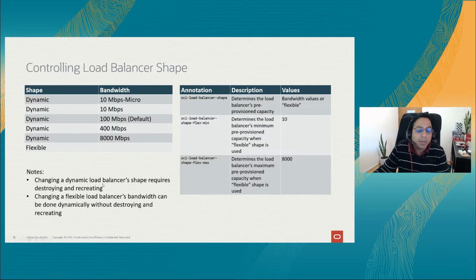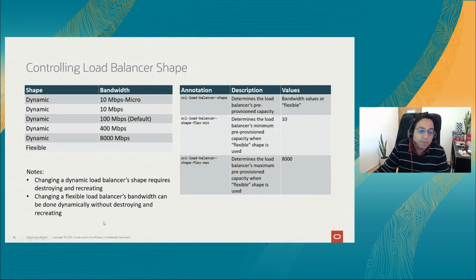If you create a dynamic load balancer and you need to change the shape, they require destroying and recreating. And therefore, the IP addresses of that load balancer might change unless you're using reserved IP.